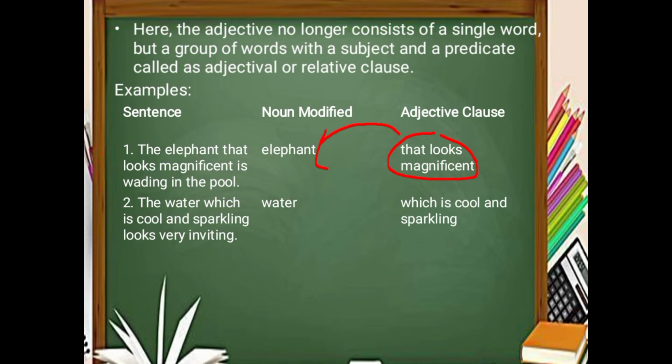It is called an adjective clause because they are a group of words. The water, which is cool and sparkling, looks very inviting. Which is cool and sparkling modifies the word water.